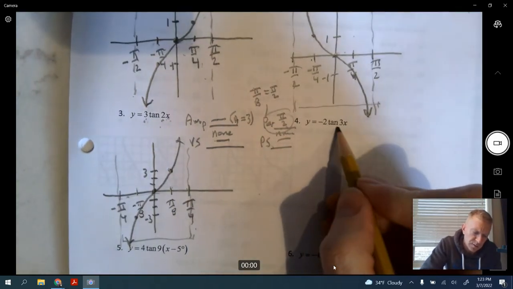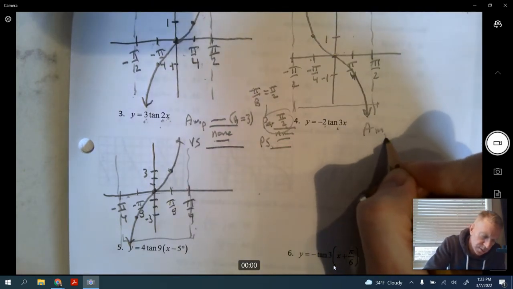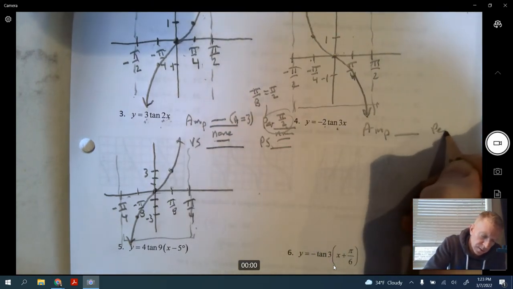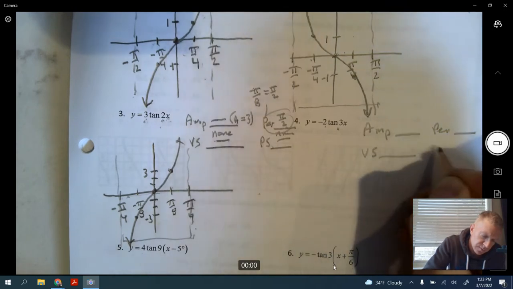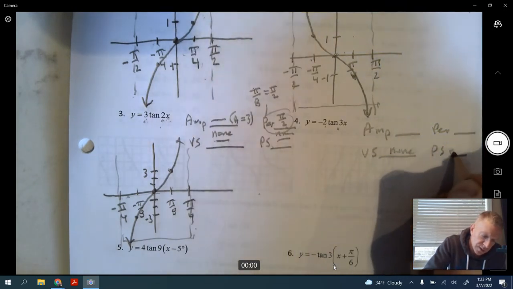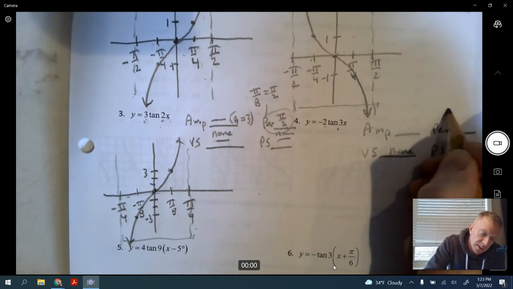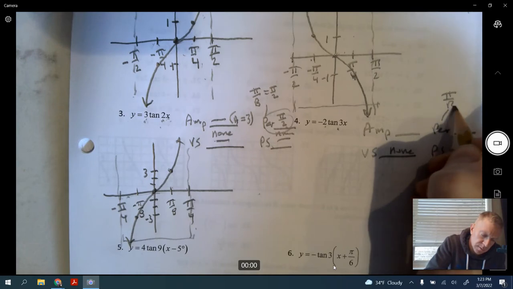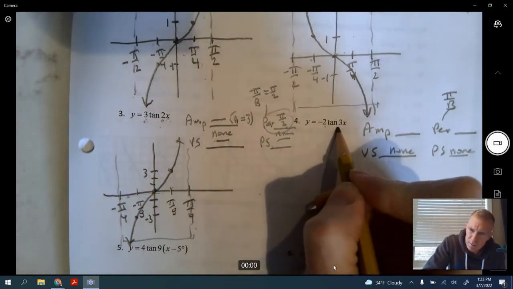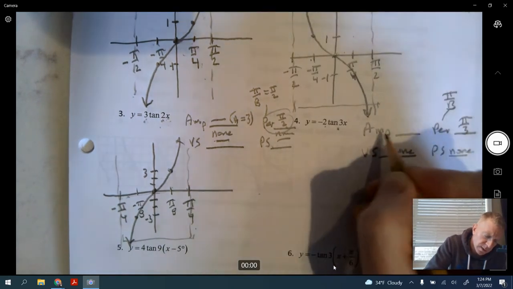Okay. Now let's do this one. This one's going to be very similar. Your a value is negative 2. Amplitude, period, vertical shift, phase shift. There's no vertical shift. There's no phase shift. The period is going to be pi over b. B is 3, so the period's pi over 3.